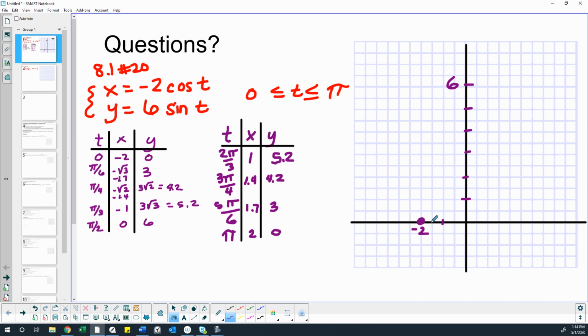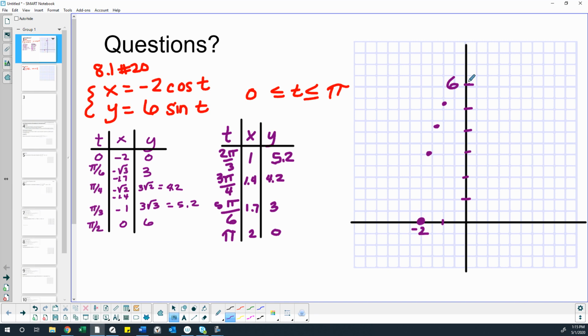All right, so -1.7, 3 would be here. And then -1.4 and 4.2, so in there somewhere. And then -1, 5.2 would be there somewhere.